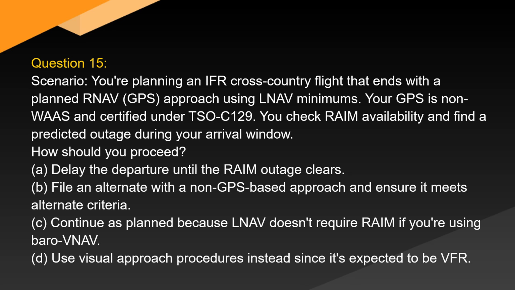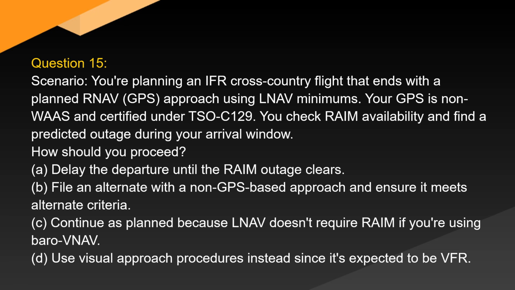Question 15. Scenario. You're planning an IFR cross-country flight that ends with a planned RNAV GPS approach using LNAV minimums. Your GPS is non-WAAS and certified under TSO C129. You check RAIM availability and find a predicted outage during your arrival window. How should you proceed?